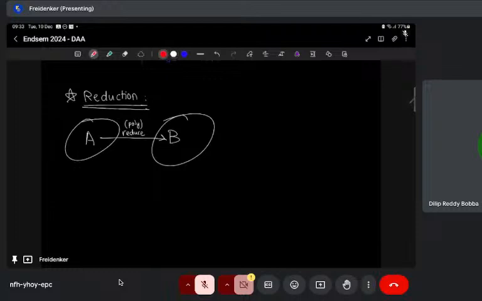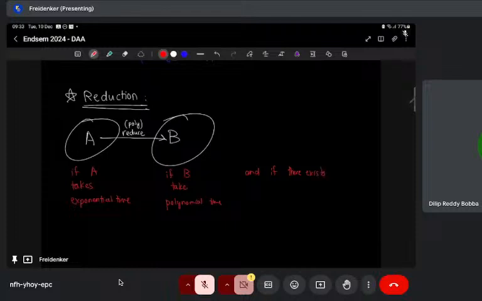So if A takes exponential time, and if B takes polynomial time, and if there exists a way to reduce A to B in polynomial time, then it's good for me.